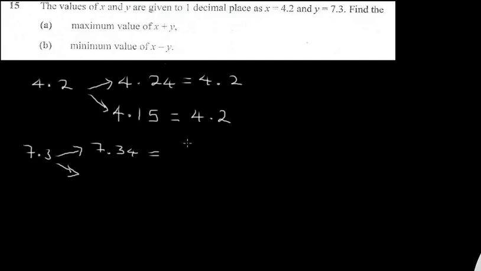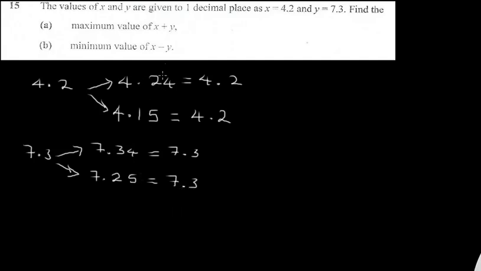If this was to be rounded off to 1 decimal place, it would be 7.3. And if we had 7.25, and I asked you to round this off to the nearest 1 decimal place, you'd have 7.3.